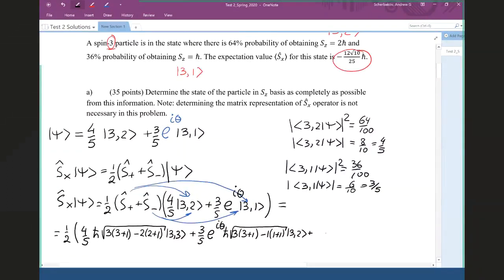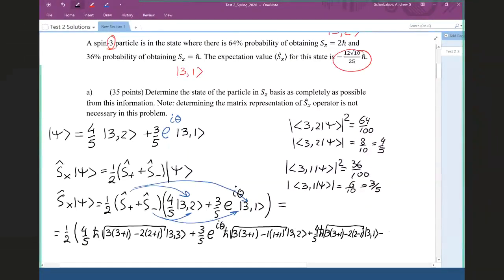Plus, now applying the lowering operator to state 3,2, it's going to be 4 over 5 h bar, square root of 3 plus 1 minus 2 minus 1, and the state is going to be 3,1.